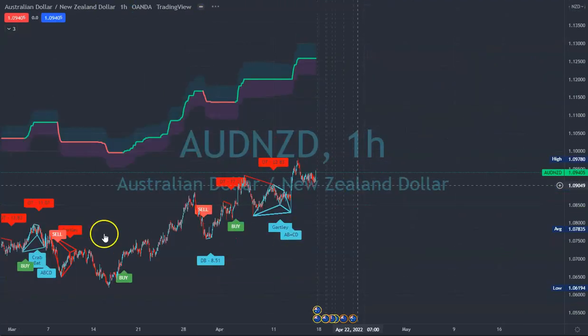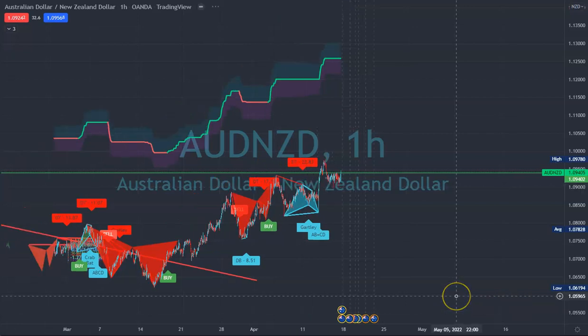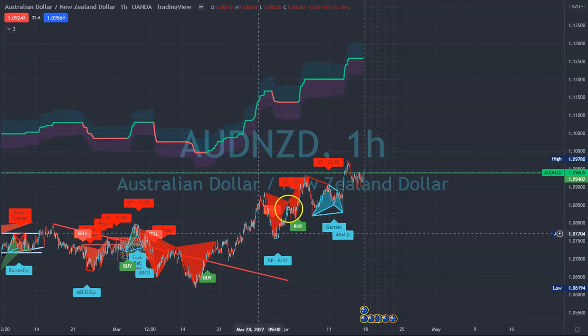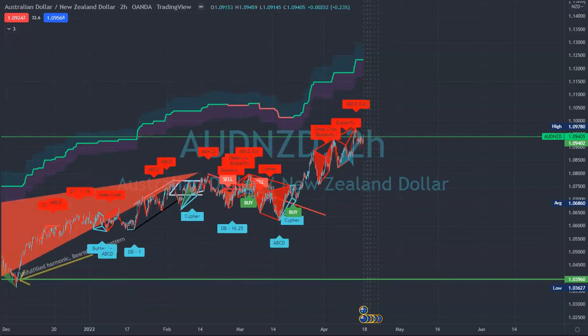On NZD, let's say it left that open. Well, it's kind of the same thing, except the harmonic is, well, I had two there, so it's the same thing.